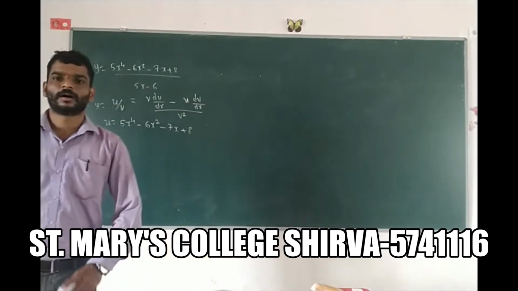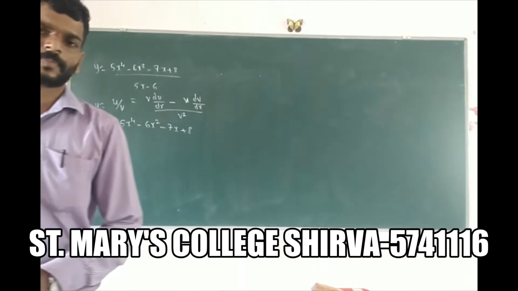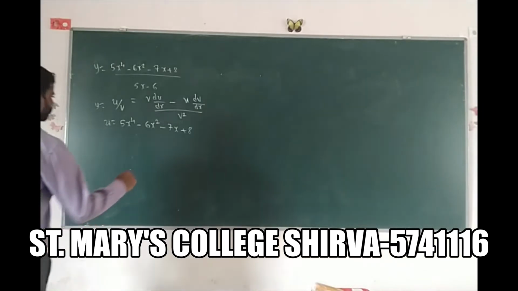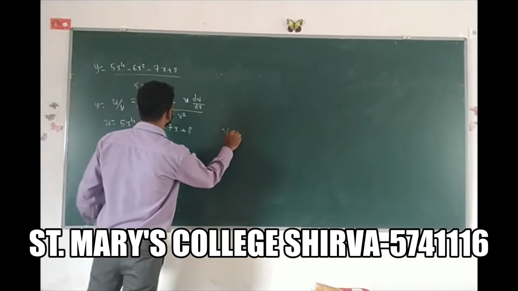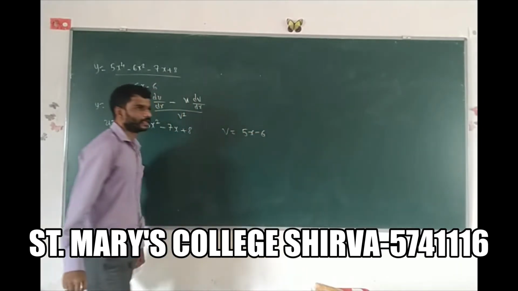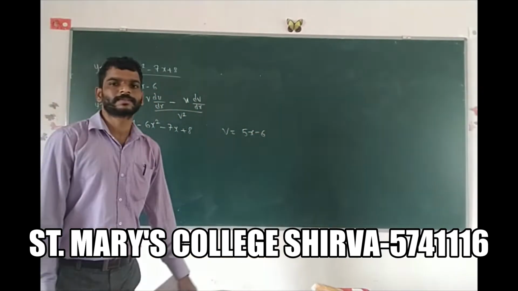That is the method to solve the u by v format. And here v equal to 5x minus 6.